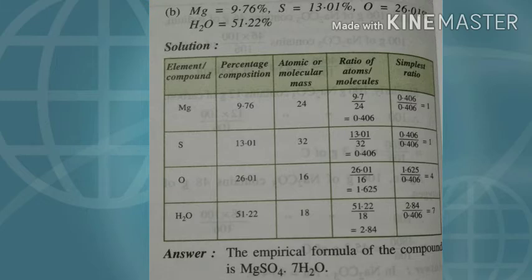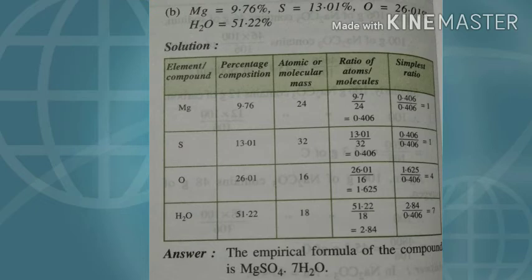Then let us do it for sulfur. The percentage composition of sulfur is given as 13.01. What is its atomic mass? 32. So how to find the ratio of atom? 13.01 divided by 32, that's equal to 0.406. Then for oxygen, the percentage composition is 26.01. Its atomic mass is 16. Therefore, the atomic ratio will be 26.01 divided by 16, that is equal to 1.625.